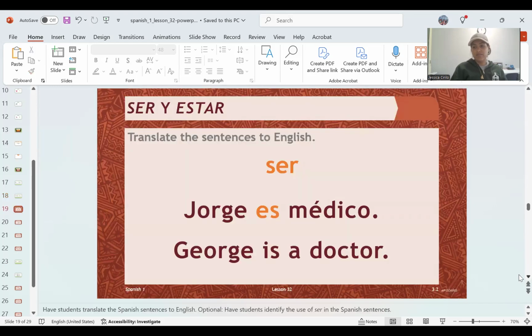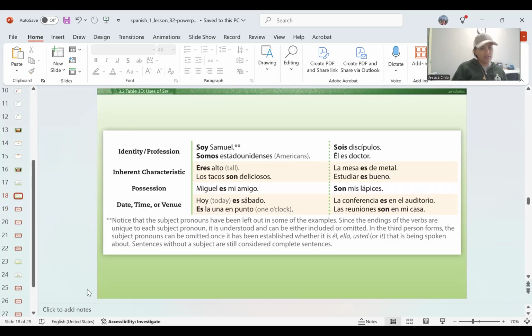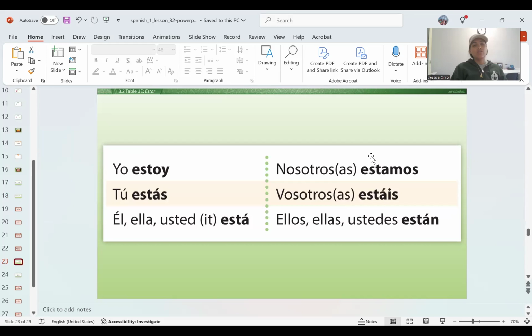Now the other verb to be will be estar. Well, let's just skip to here. Estar. So that's table 3E on the same page 81. And here are the conjugations for estar. Yo estoy, tú estás, él, ella, usted está, nosotros estamos, vosotros estáis, ellos, ellas, ustedes están.